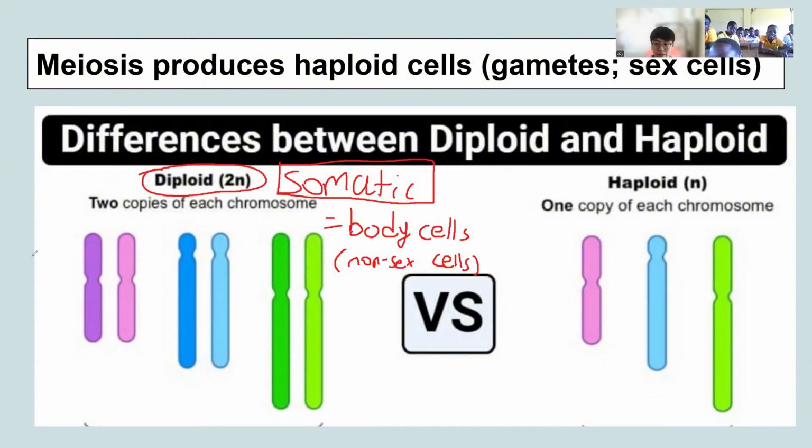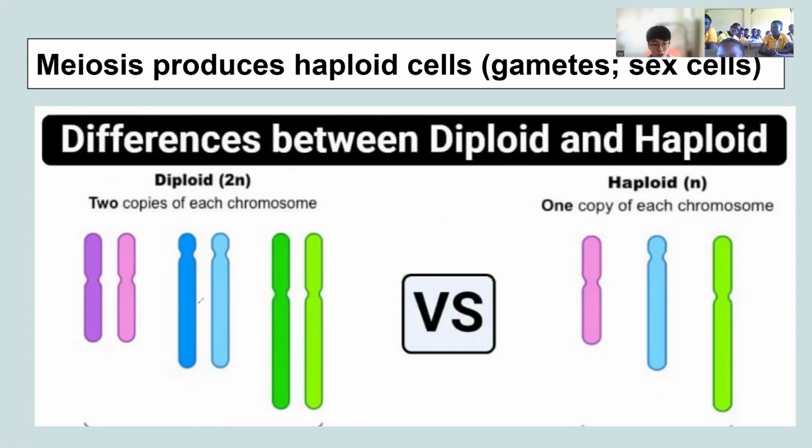What is homologous? So, homologous means the same. Diploid talks about homologous pairs, right?